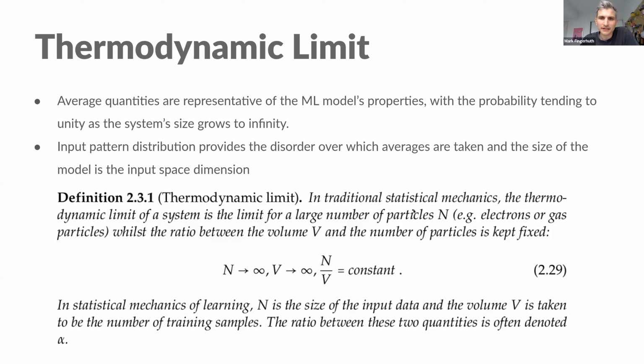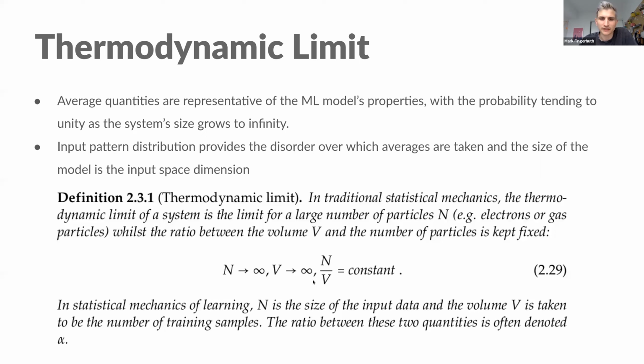Typically in statistical mechanics, we would take the thermodynamic limit by letting the number of particles n go to infinity, whilst keeping the ratio between the number of particles and the volume constant. The equivalent in the statistical mechanics of learning is that we let n, the size of the input data, go to infinity, and v in this case is taken to be the number of training samples.